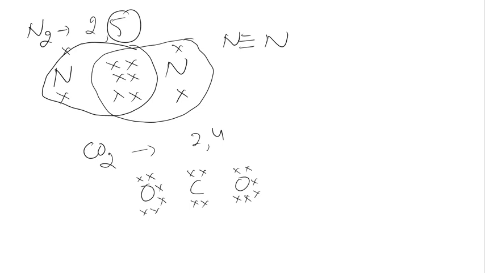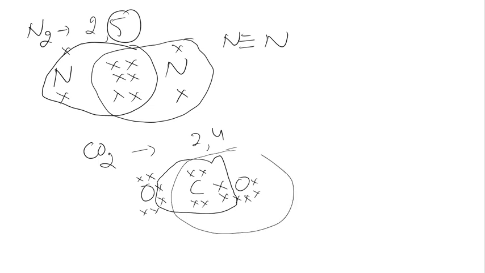Now this will be the sharing like this, 4, and here it will be 2. And oxygen will share like this. Carbon will share with both the oxygens. Then C double bond O, C double bond O, because two pairs are shared by both of them.